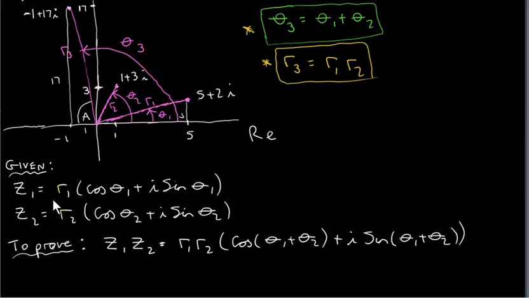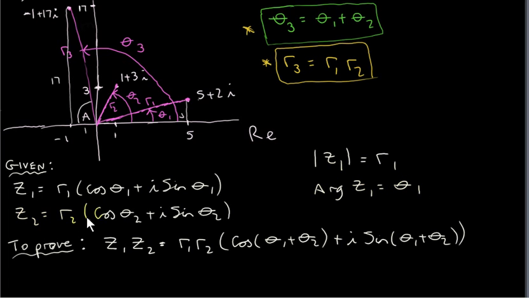Now let's look at a proof for any two complex numbers, which I'm calling Z1 and Z2. So we're given that complex number Z1 is R1 times cos theta 1 plus I sine theta 1. So the modulus of Z1 is R1. The argument of Z1, often written ARG for short, is theta 1.